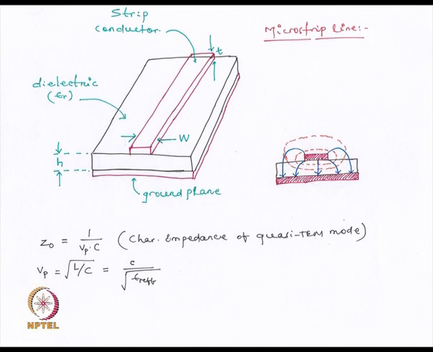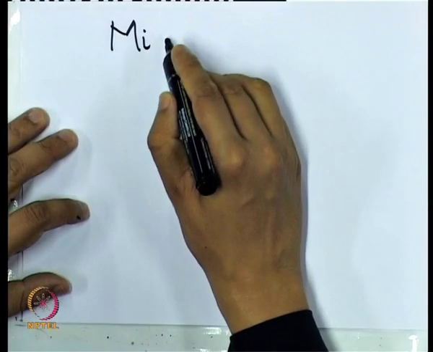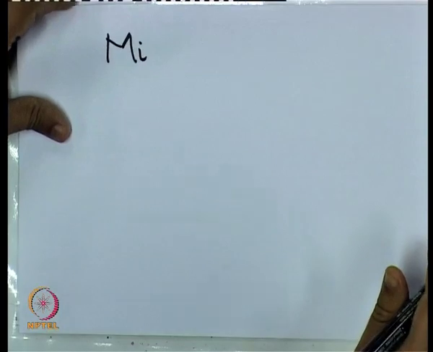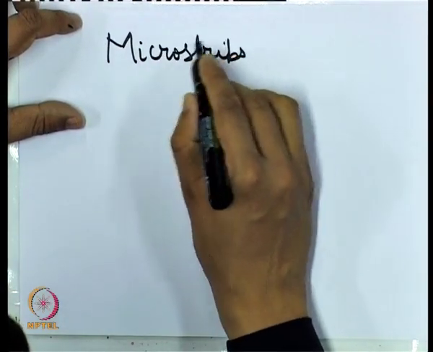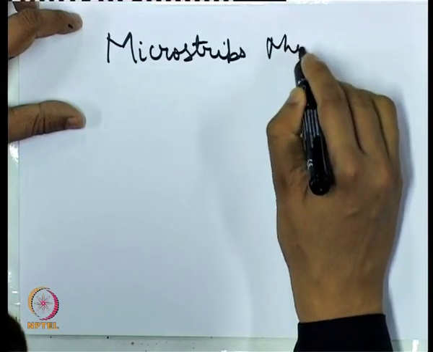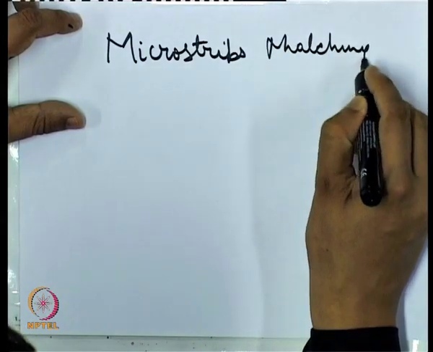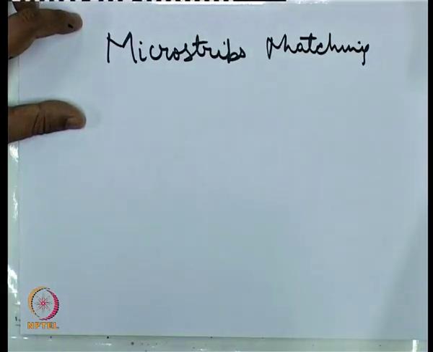So, let us see how to do a matching using a microstrip line, because microstrips, as we have discussed, are a very popular method of realizing transmission lines. They are easy to fabricate, and they are also simple to understand, because they have a direct relationship with the, for example, longer electric length of a transmission line translates to longer length in a microstrip line.